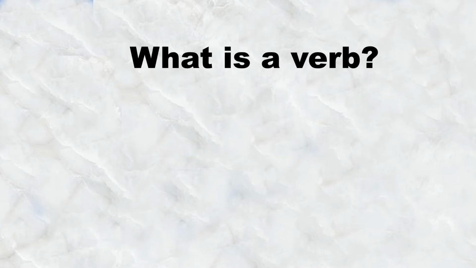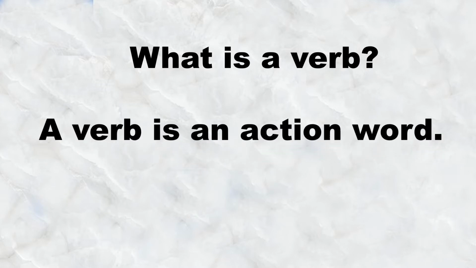Before we get right into it, let's answer the question. What is a verb? A verb is an action word. You will see that an action word is the heart of a sentence. Without it, there is no sentence.